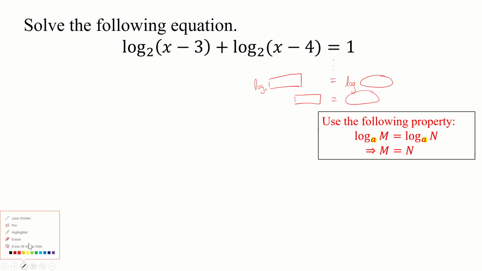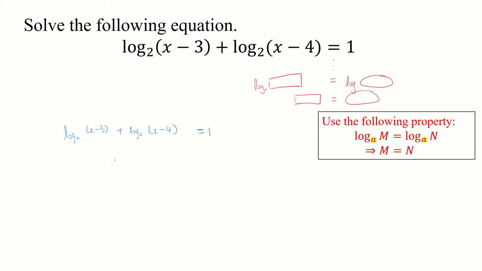So now let's do this together. Our equation is log base 2 of x minus 3 plus log base 2 of x minus 4, and this is equal to 1. Because we want to express the left hand side as a single log, the choice is very obvious, because we have log base 2 of something plus log base 2 of something.